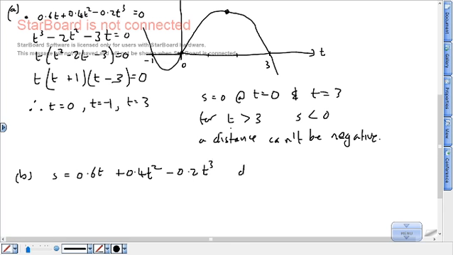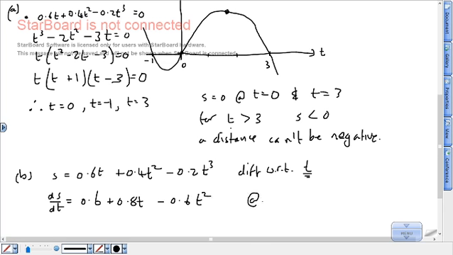Okay, and we're going to find the stationary points by differentiating with respect to t, and you will end up with ds/dt equal to 0.6 plus 0.8t minus 0.6t squared.